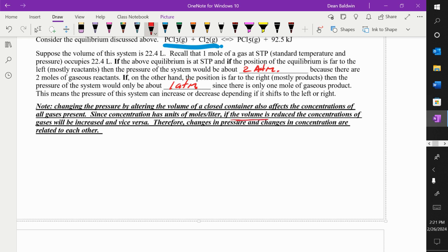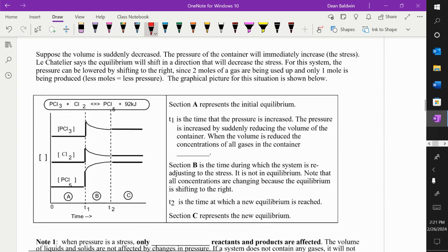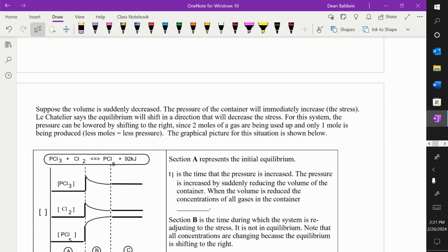If you reduce the volume, you're increasing the pressure. I'm just going to write that here at the top. If you decrease the volume, that equals an increase in pressure. Just think of us in a room. If we decrease the volume, the pressure is going to be increased between everybody.